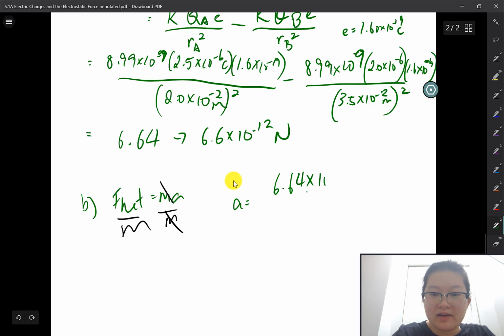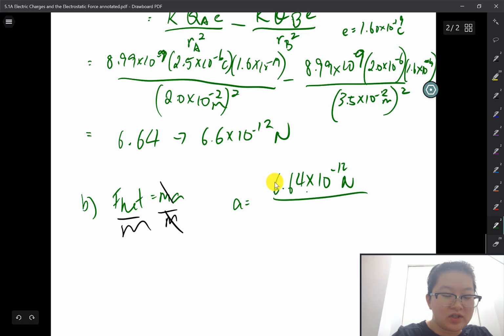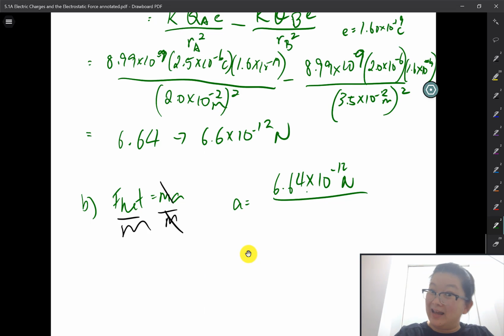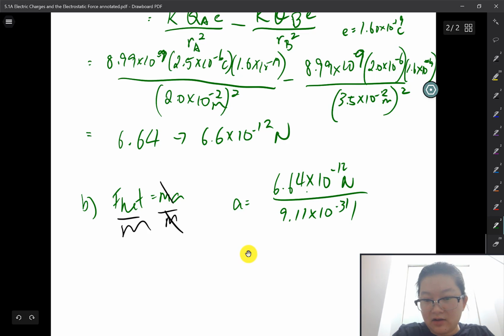Make sure I don't round anything, so I'll use the value on my calculator. The mass of the electron is provided in the question, also in your data booklet, right here: 9.11 times 10 to the power negative 31 kilograms. Very small mass indeed.